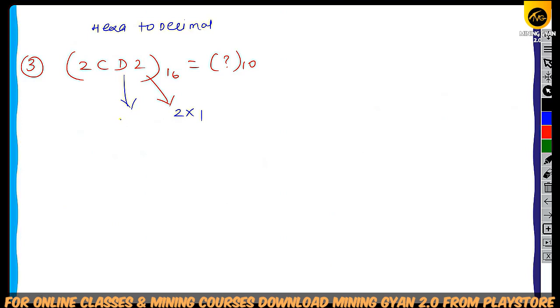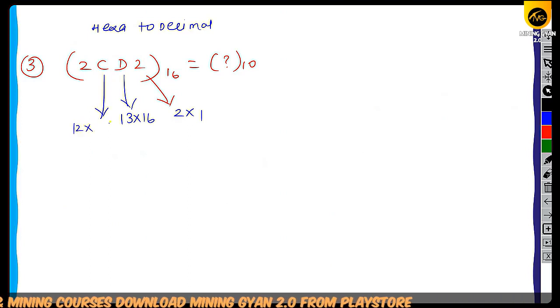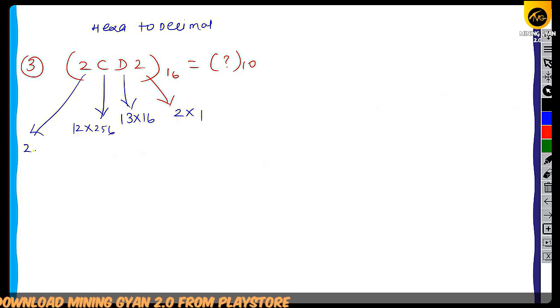A, B, C, D. A is 10, D is 13. So 13 into 16, which is the second weight. The third one is C, which is 12, and the third weight is 256. Now the last one is 2 into 4096, which is the fourth weight.